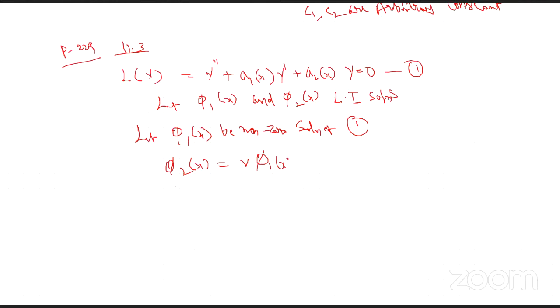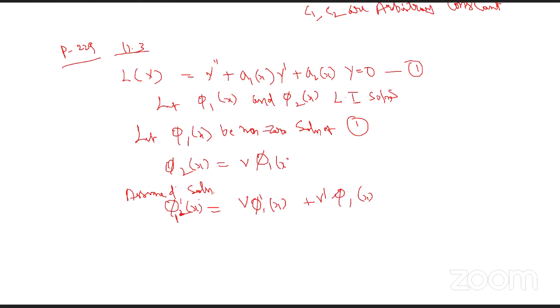So phi 2 dash of x equal to V into phi 1 dash of x plus V dash phi 1 of x.